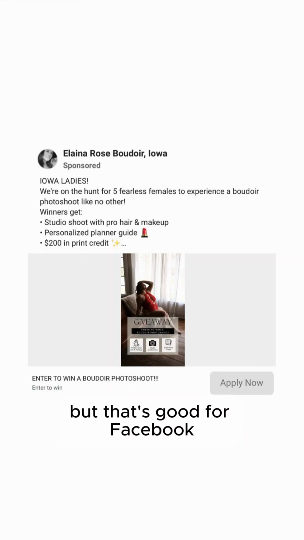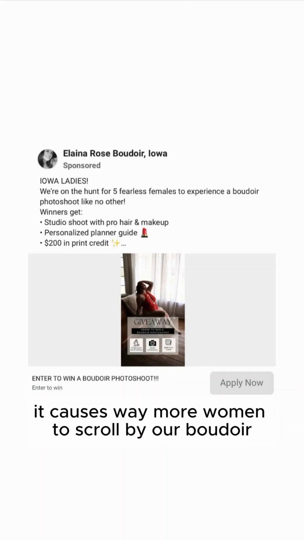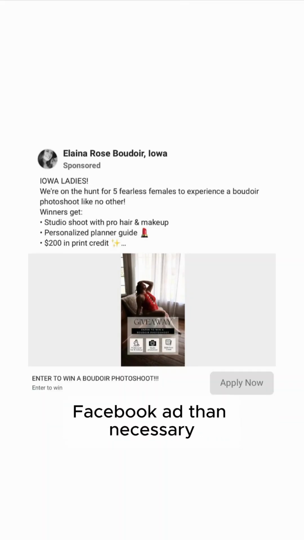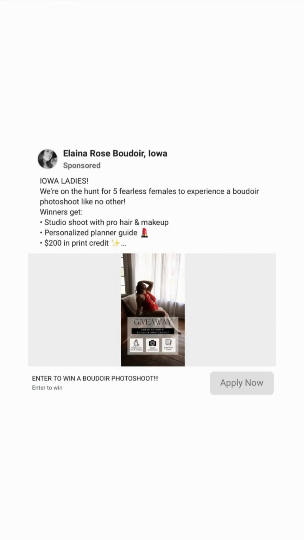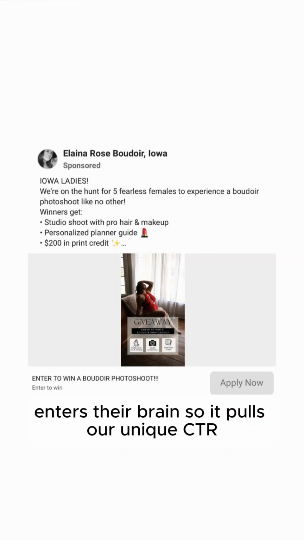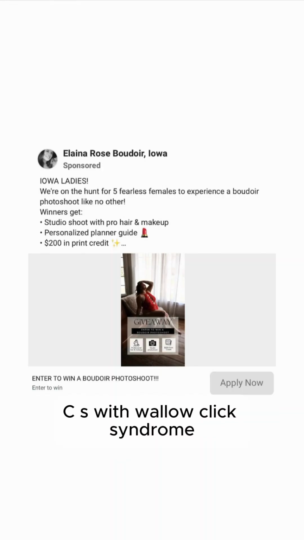But that's good for Facebook. It's bad for us. It actually causes way more women to scroll by our Boudoir Facebook ad than necessary. We literally waste serving up those impressions because the women are just going to scroll by, our ad never enters their brain. So it pulls our unique CTR under 6%, and contributes to BLCS, Boudoir low click syndrome.